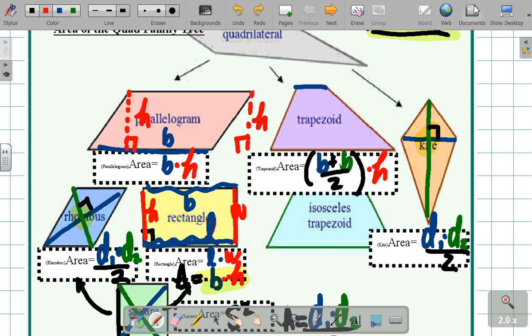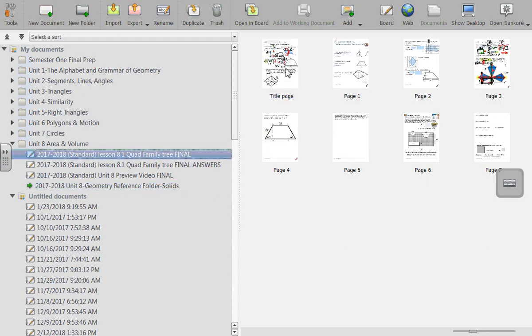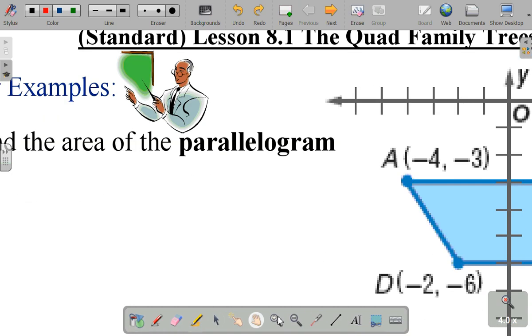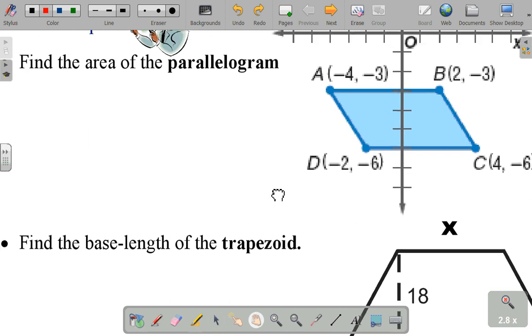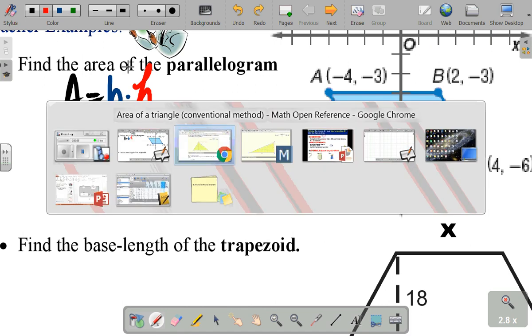Front page, we're going to zoom through these. Okay, first one, parallelogram. That one, I'm going to give you, you've got 1 minute on your own. Go, lickety split. 1 minute on your own.